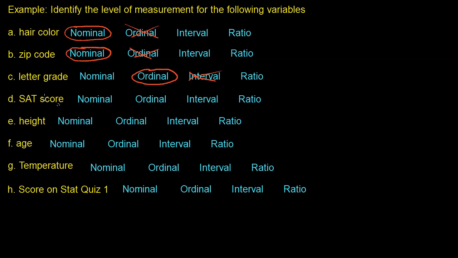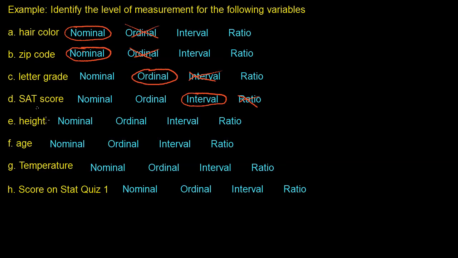SAT score is the same thing. It doesn't start at 0. Getting the lowest score possible, or getting nothing right, does not give you a 0 SAT score. So there's no natural 0 in most standardized tests. So this is not ratio. Instead, it is interval. Okay.